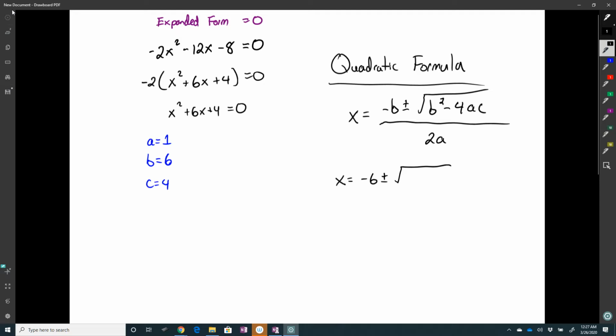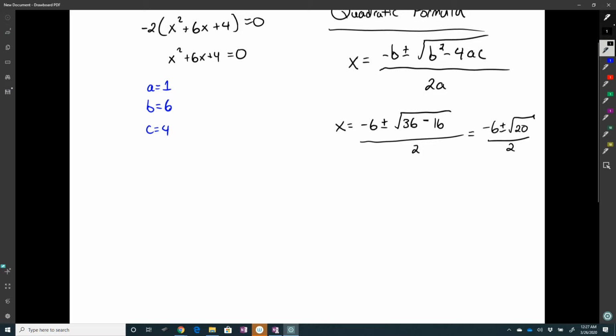I know that 6 squared is 36, minus, I know that a times c is 4. 4 times 4 is 16. And then the entire thing divided by 2a, which is just 2. So this becomes negative 6 plus or minus square root of 20 over 2.